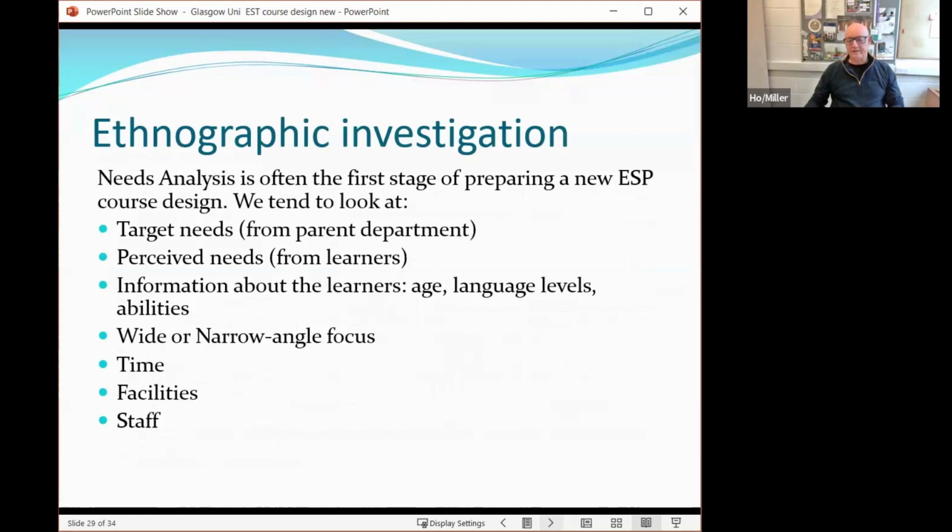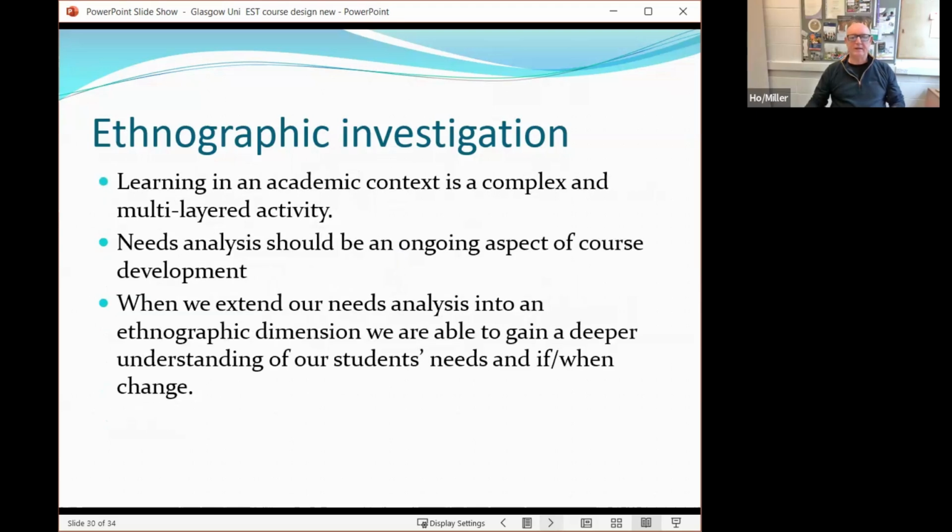Now, what we did during our project was an ethnographic investigation. Basically, we were looking at students from lots of dimensions: from our own ideas as applied linguists, from the students telling us stories about what was happening, and from observing them in the classroom. And so we were able to build up a very rich set of data, which we think is relevant to ESP course design these days.